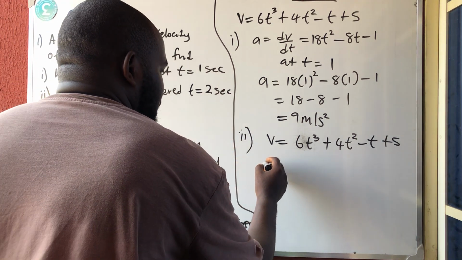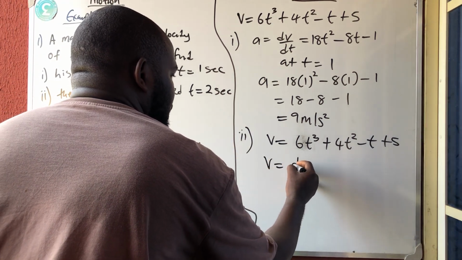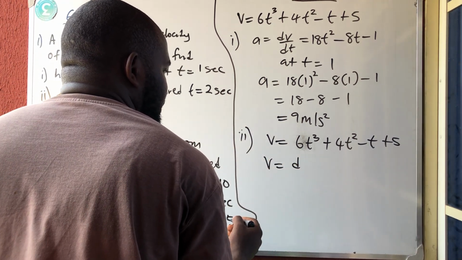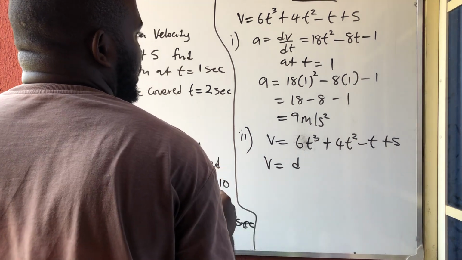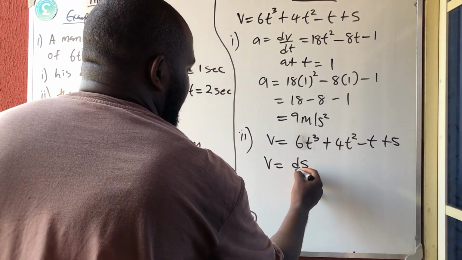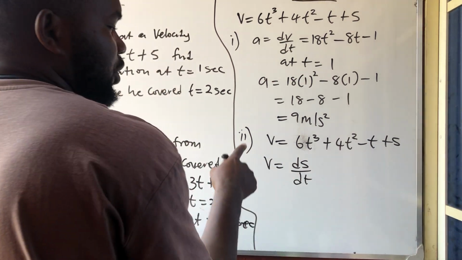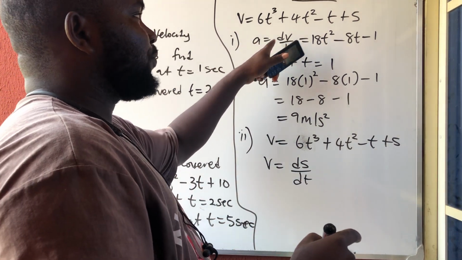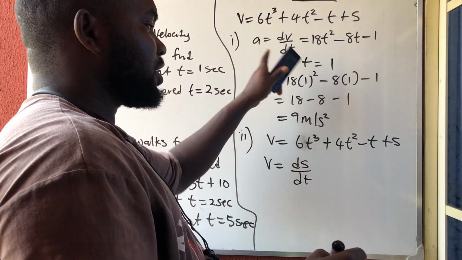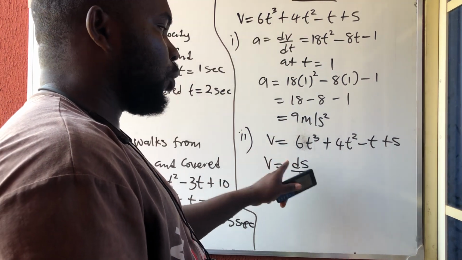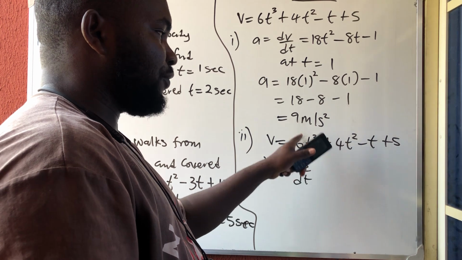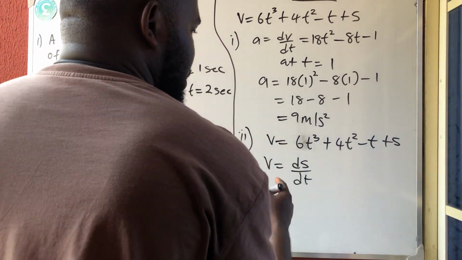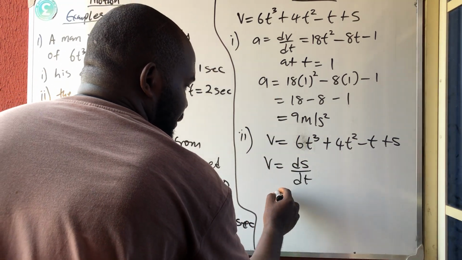We know that velocity is ds over dt, so when you differentiate distance, you get velocity. But here they gave us velocity, and I want to get distance, which is what they asked for.